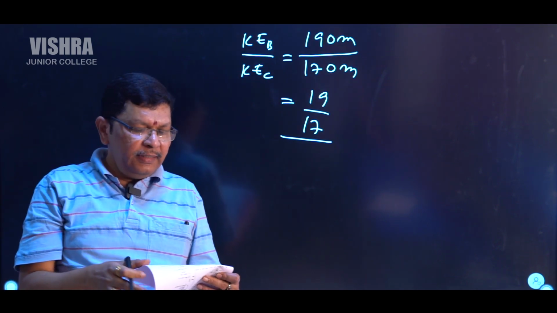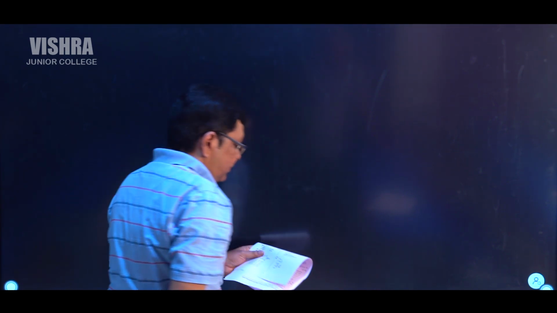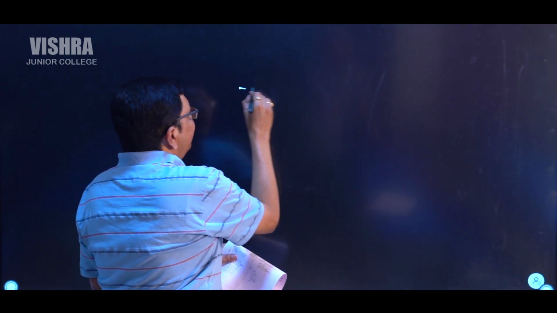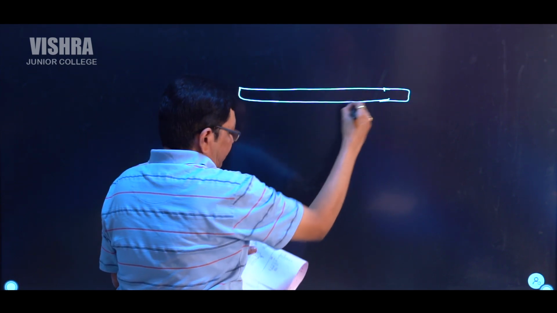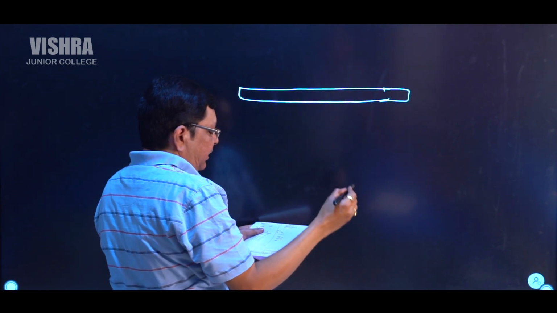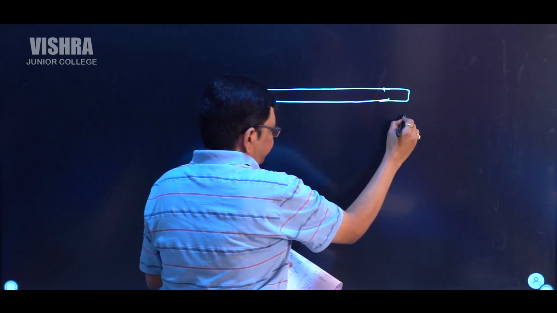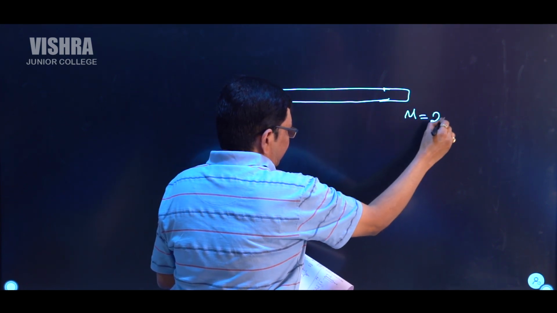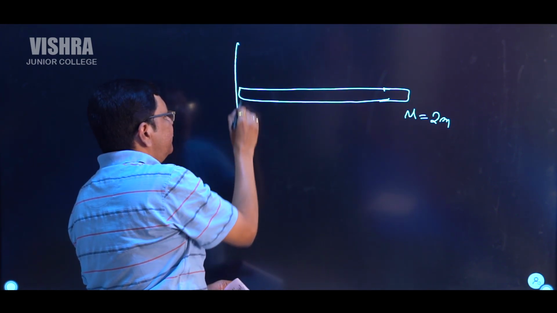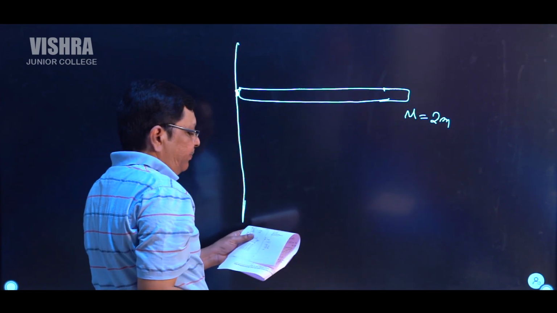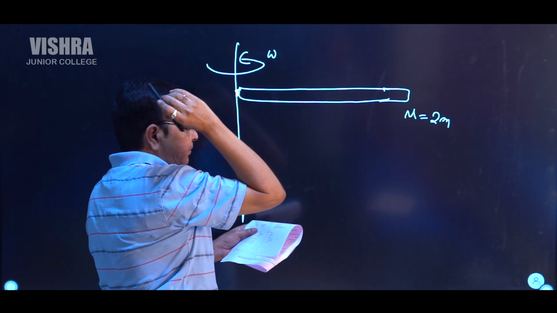Here, this question is related to elasticity and rotational dynamics. A uniform straight rod is given, and the mass of the rod is 2m, and there is an axis passing vertically through one end of the rod. It is rotating around this axis with angular velocity.